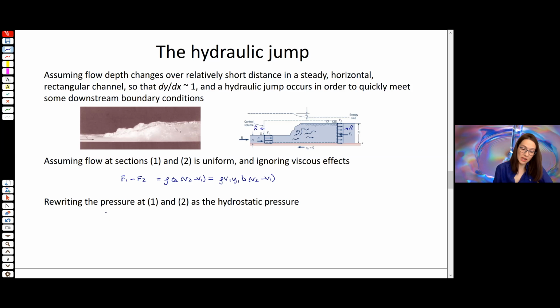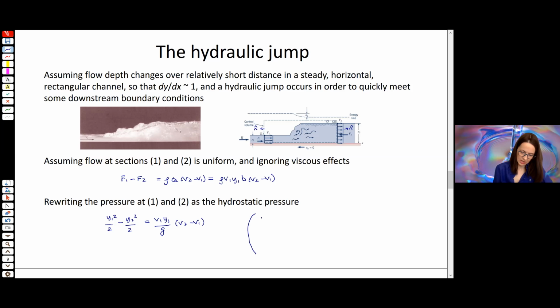So rewriting the pressure in terms of the hydrostatic pressure, we get this.